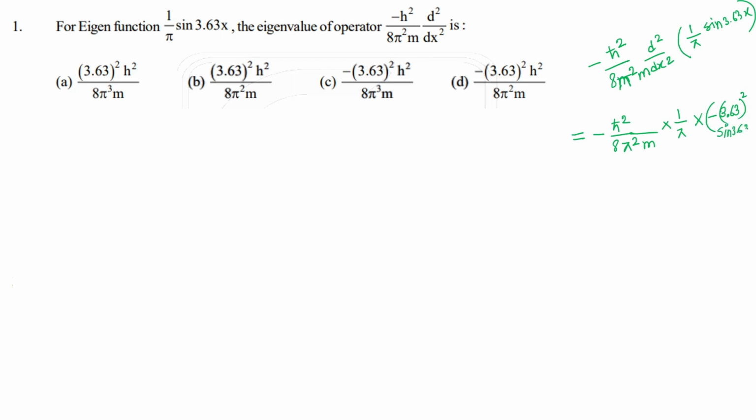If you have any doubt, you can ask. So it is going to be minus 3.63 whole square. Minus and minus will become plus.